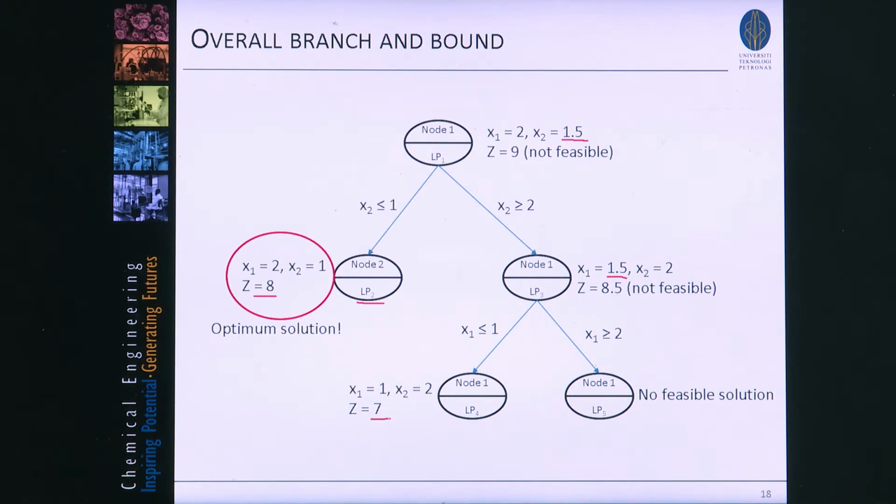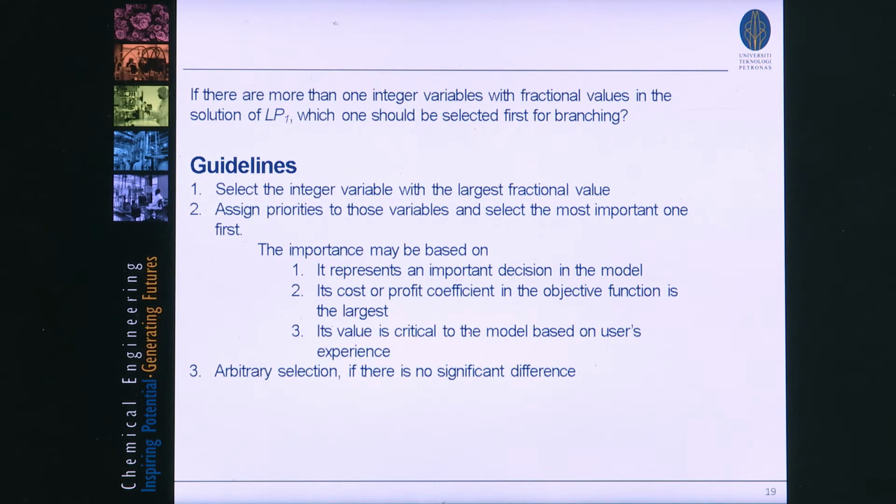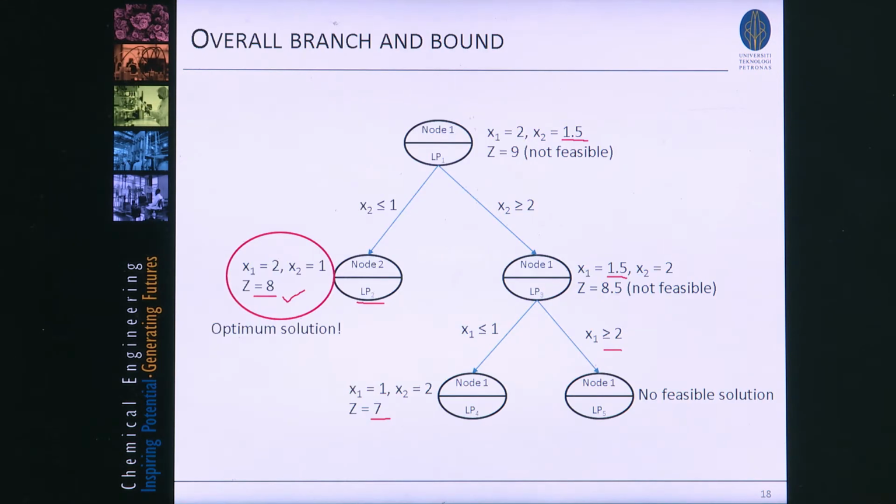This is a feasible solution, and this is still not feasible if x1 is greater than or equal to 2. If we are trying to maximize z, we have only two options: x1 is 1, x2 is 2, z equals 7, or x1 is 2, x2 is 1, z equals 8. So this is the optimal solution. This is basically the branch and bound method in its simplest form.